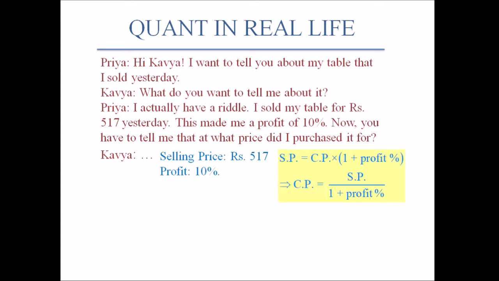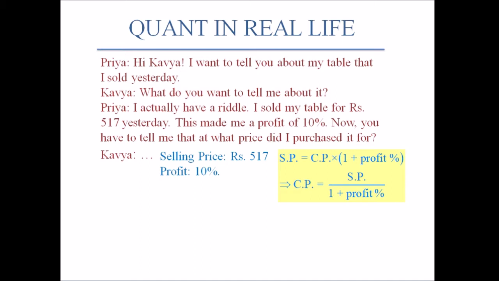Here the selling price is equal to cost price into 1 plus profit percent, since we are given profit percent and not loss. So this implies the cost price equals selling price upon 1 plus profit percent, because we need to find the cost price instead of the selling price.